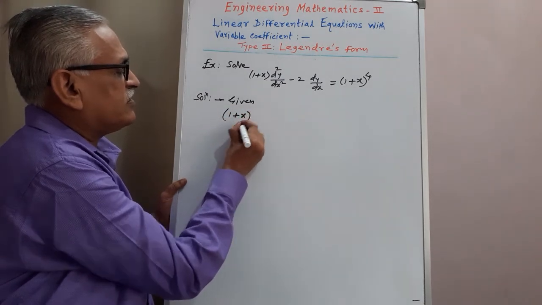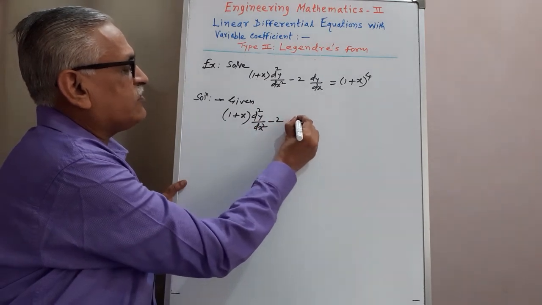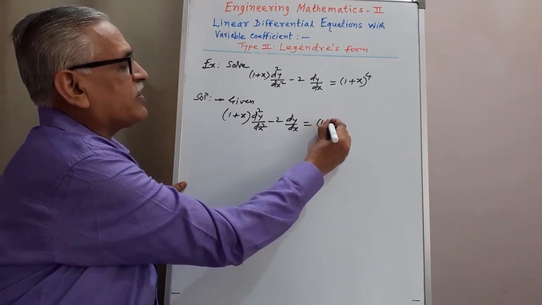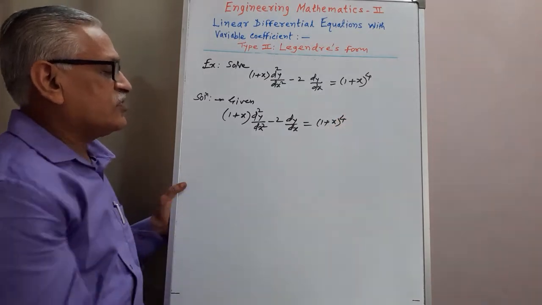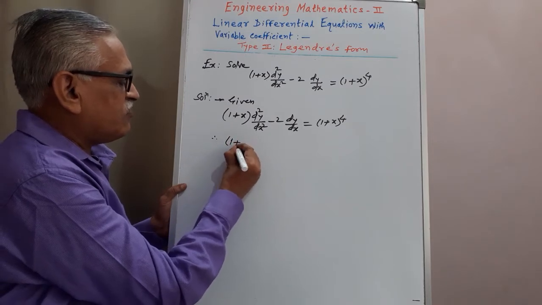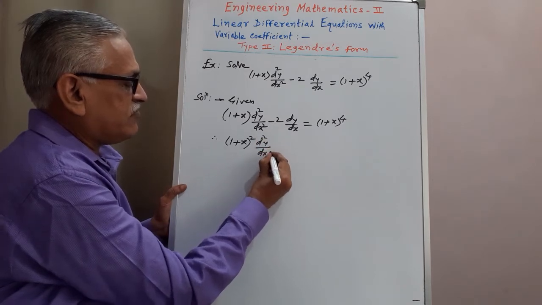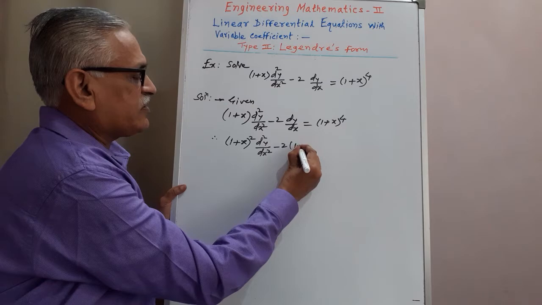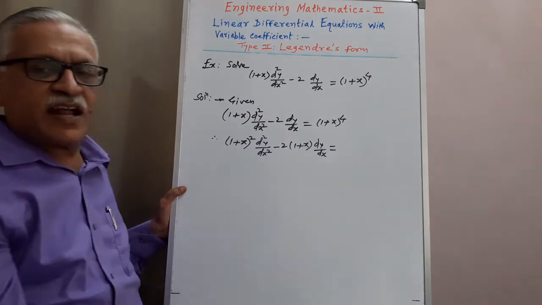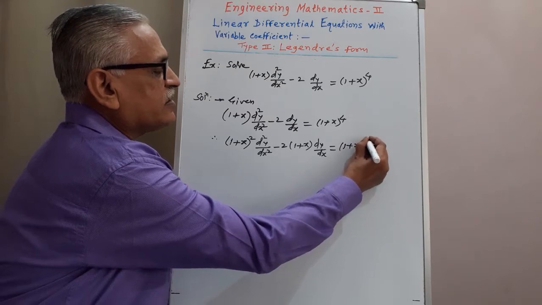(1 + x) d²y/dx² − 2 dy/dx = (1 + x)⁴. Multiplying by 1 plus x throughout, we get (1 + x)² d²y/dx² − 2(1 + x) dy/dx, and the right hand side after multiplying by 1 plus x becomes (1 + x)⁵.